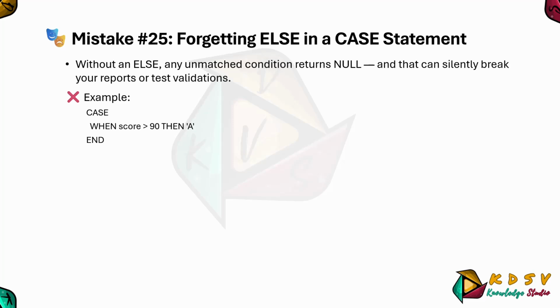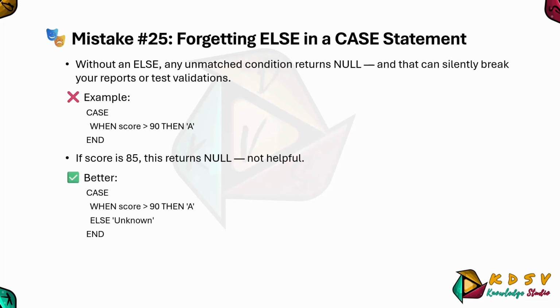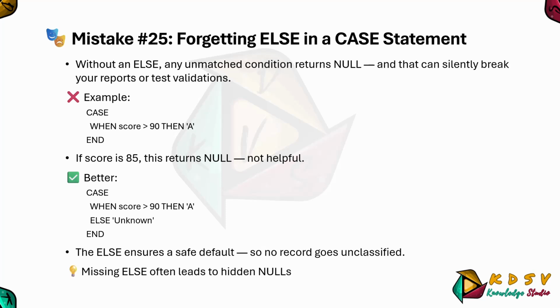So in those conditions, it will return null. Likewise, if score is 85, this will return null and it won't be helpful for us. The better way: case when score is greater than 90 then give result as A, else print unknown value. The else ensures a safe default, so no records go unclassified. Missing else often leads to hidden null values as well.